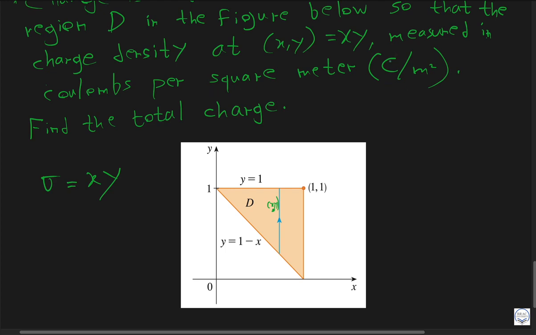This is what we would expect: the charge density will have units of charge per unit area, and meter squared is the unit of area. So this is all right.